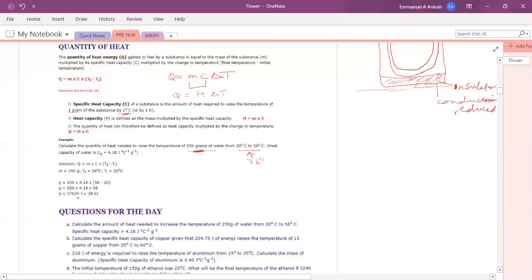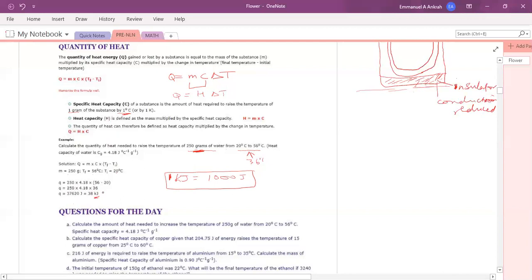So joules is a smaller unit, so we can change to the bigger unit, kilojoules. Depending on the unit that you're asked to use, you may have to convert. Remember that 1 kilojoule is equal to 1,000 joules. So if you have to change joules to kilojoules, you divide by 1,000.